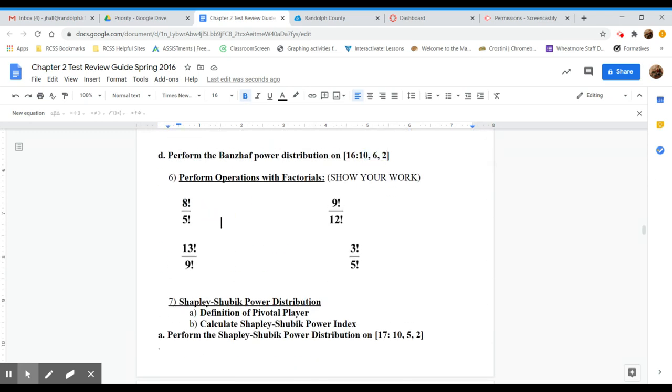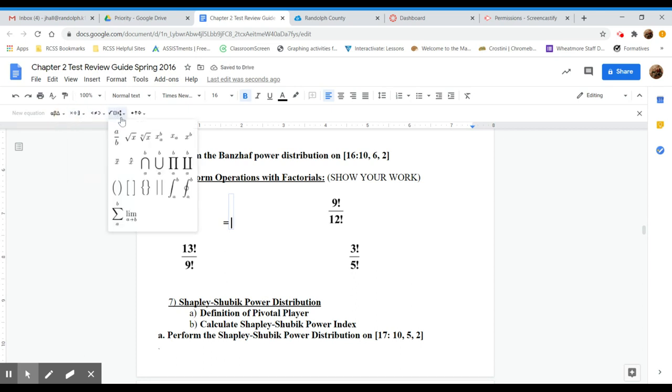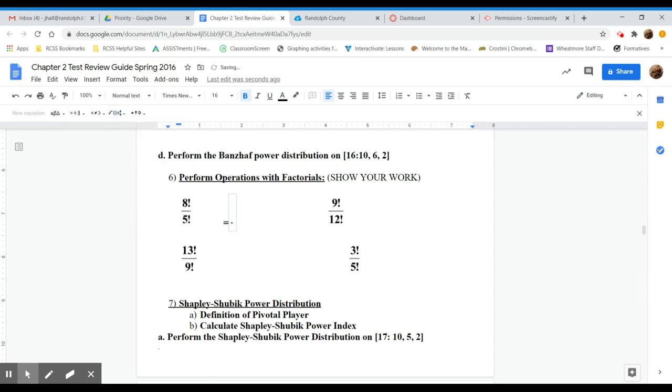Perform the factorials with operations. I like this one here because if I go 8 factorial, let me just write this one out real quick. What you're going to see here is 8 times 7 times 6 times 5 times 4 times 3 times 2 times 1.